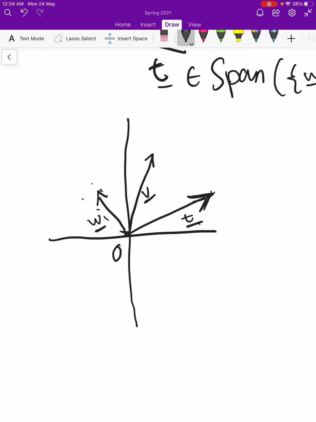Well, if we have these three points, then we can actually define a plane that contains all of these points. How can we do that? Well, notice that we have these lines that connect these vectors up.